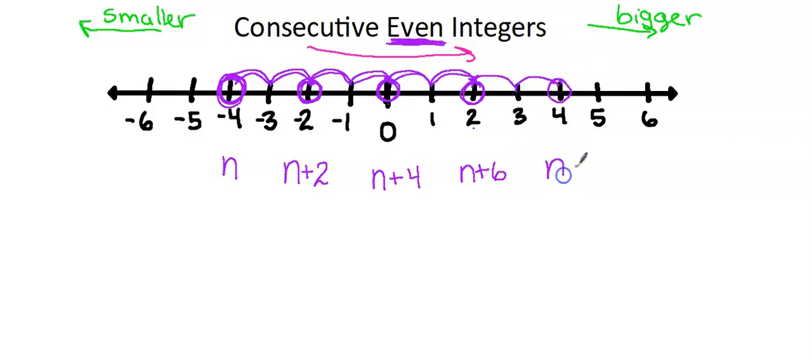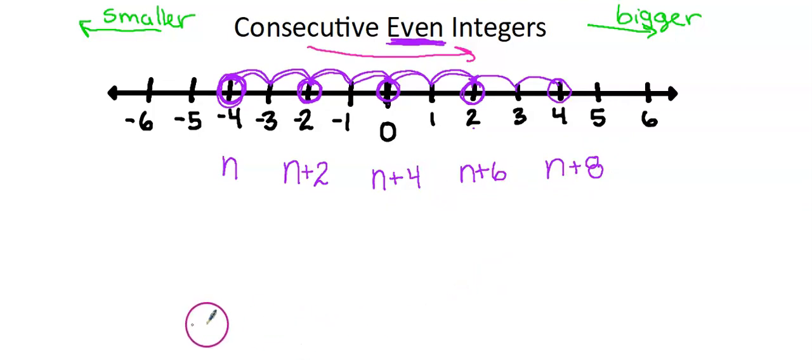Starting at the negative 4, I went 8 places. What do you notice about the counting up of our consecutive even numbers? We're counting by 2's. So, to find even integers, you will count by 2's.